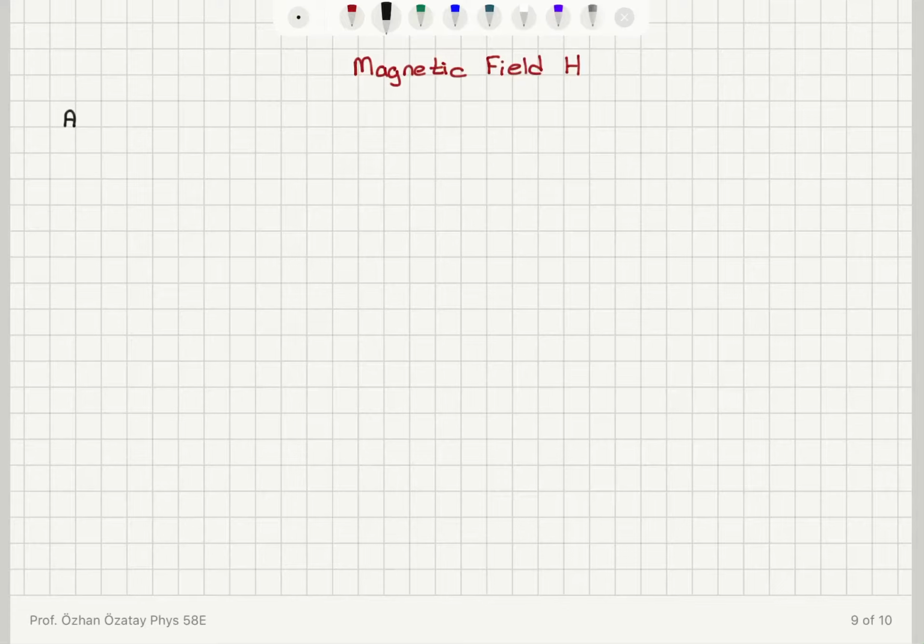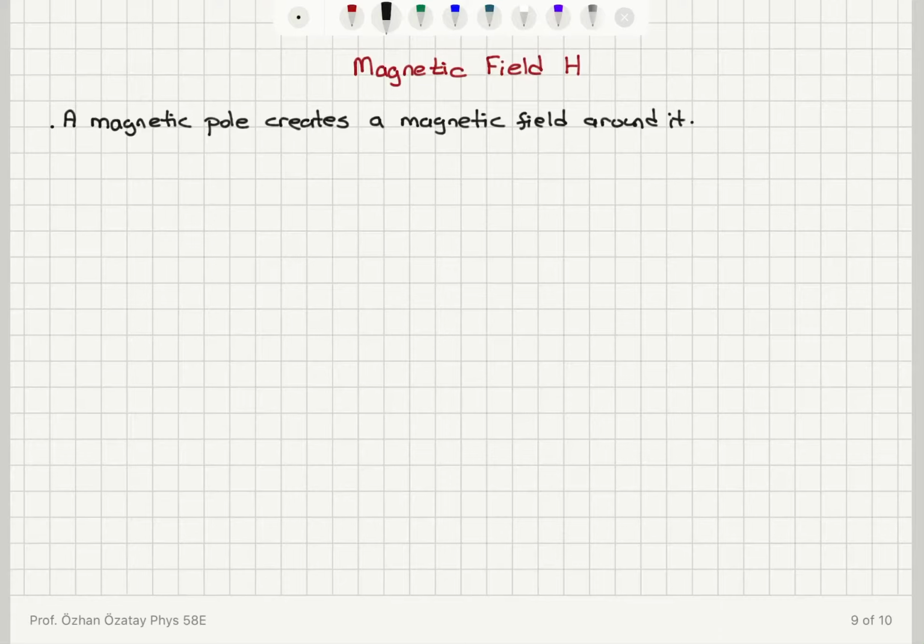So in this theory, basically we are saying that a magnetic pole creates a magnetic field around it, and when we have a field in a volume, so the second point here is that having a non-zero magnetic field in a volume basically implies an energy gradient in that volume.